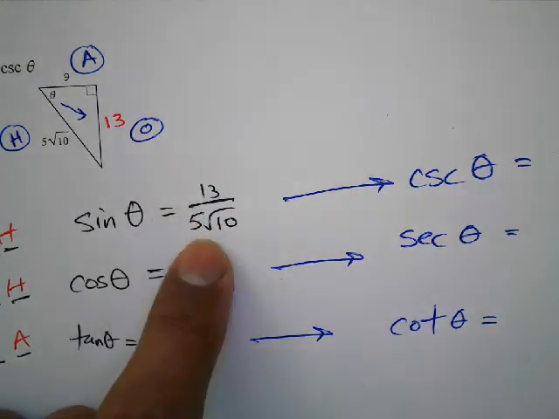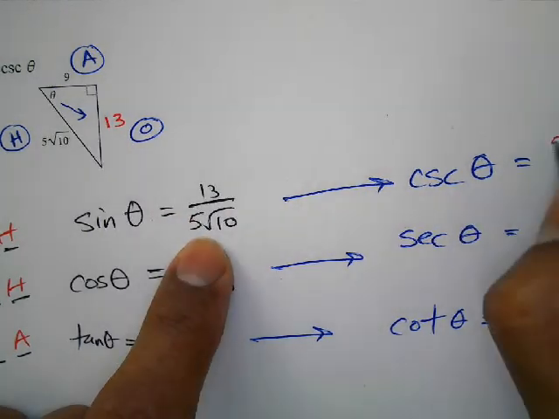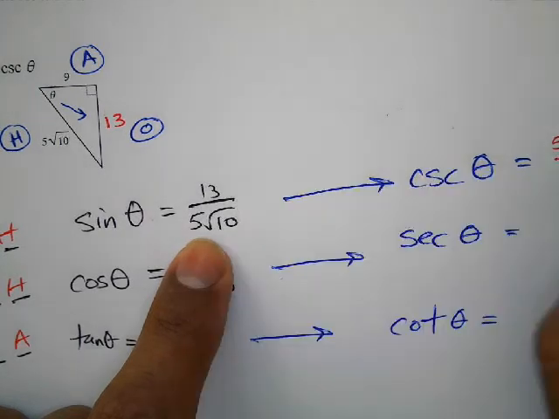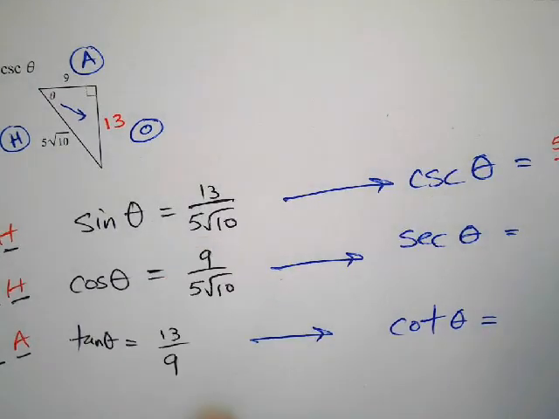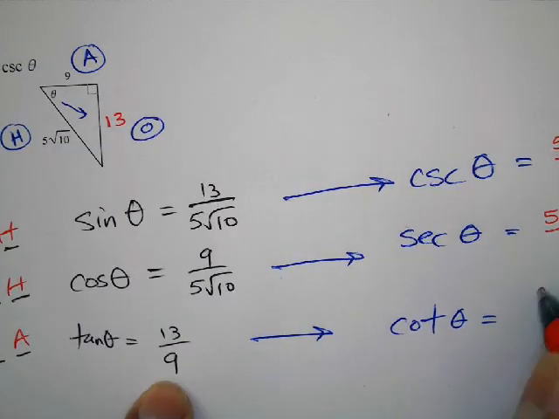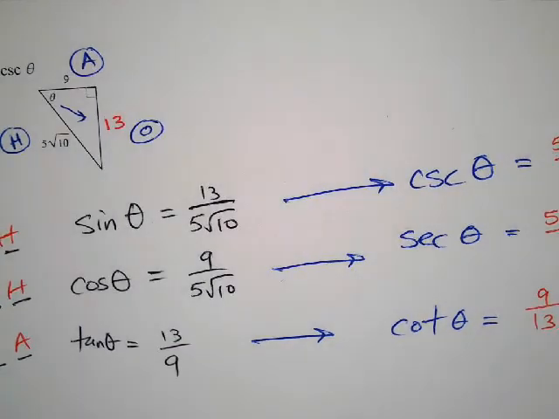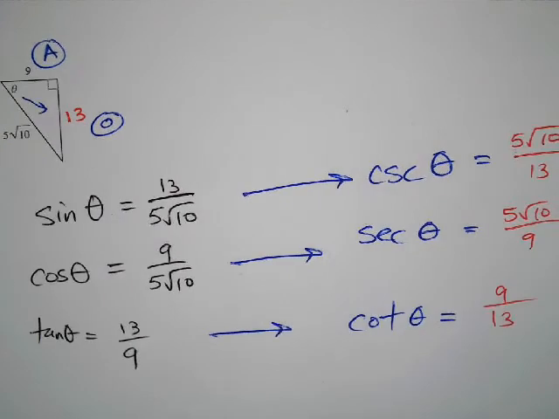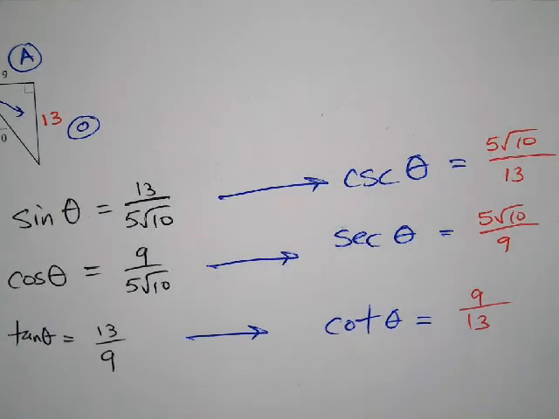Once I pair them up correctly, we can get these reciprocals: put the 5 root 10 on the top and the 13 on the bottom. Put the 5 root 10 on the top and the 9 on the bottom. Put the 9 on the top and the 13 on the bottom. All right, just flip it over, right?